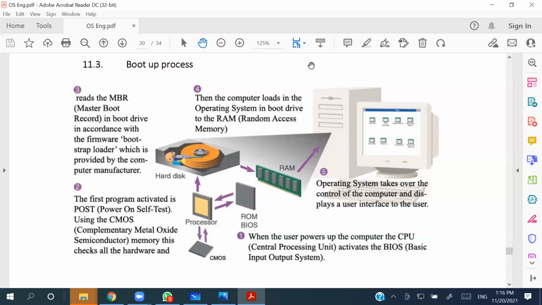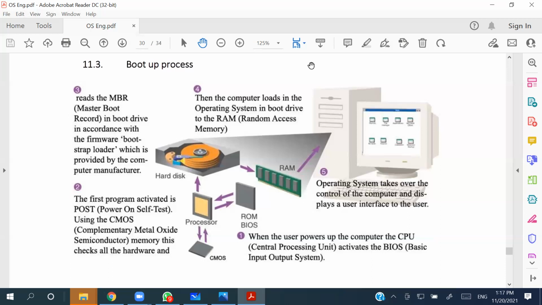Then it accesses the hard disk to find the master boot record. The master boot record is the one which contains the starting point for the operating system, right? For that, it will have the help of a firmware called the bootstrap loader.